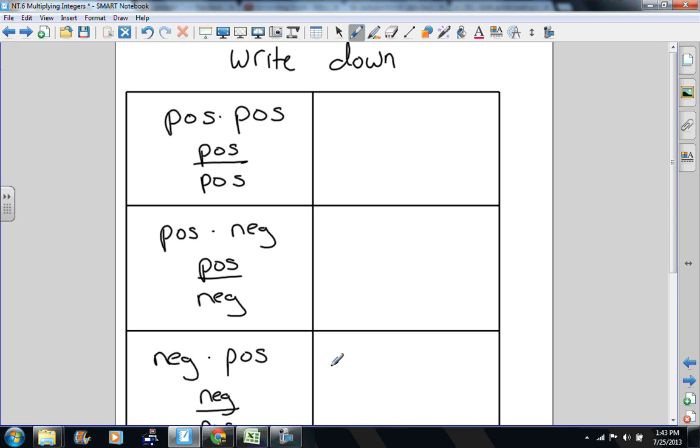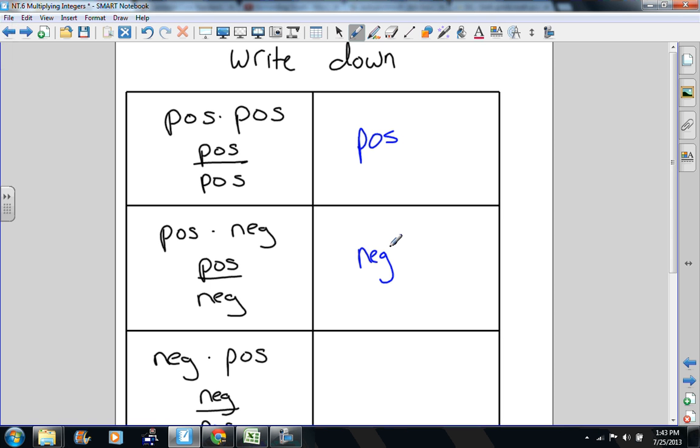So here's our pattern. If we have a positive times a positive or a positive divided by a positive, the answer will be positive. If we have a positive times a negative, or a positive divided by a negative, the answer will be negative. Because if positives and negatives fight, remember that, it's Mr. Evans versus me, the negatives are going to win.